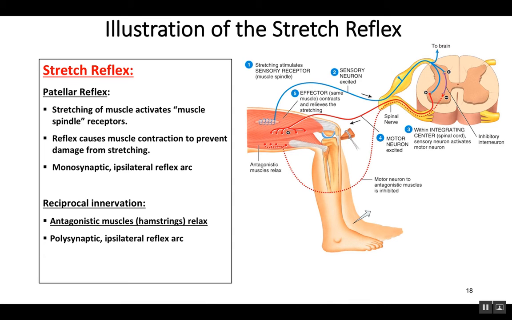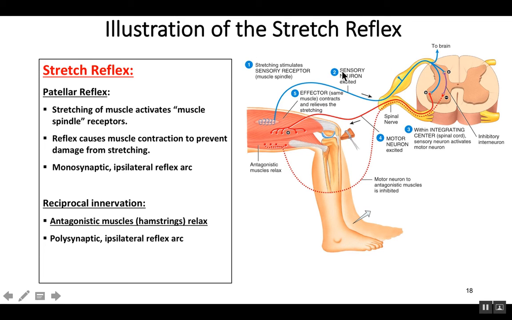And this happens involuntarily. You're not conscious of this. But whenever you're moving around, your body always knows if a muscle is stretched too much, and it will respond by contracting. Now, why do we do this in the clinic? Well, your doctor does this to assess your nervous system, because these responses are all based on nerve impulses.